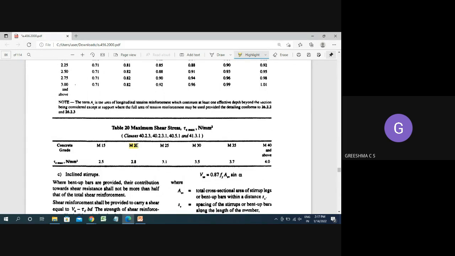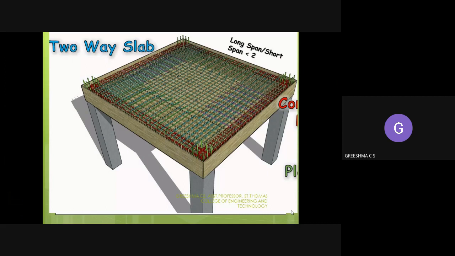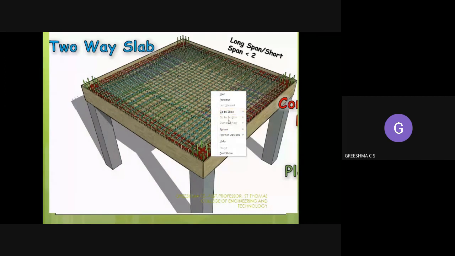See this. So we are safe, right? So yes. We have got a shear stress of, okay.